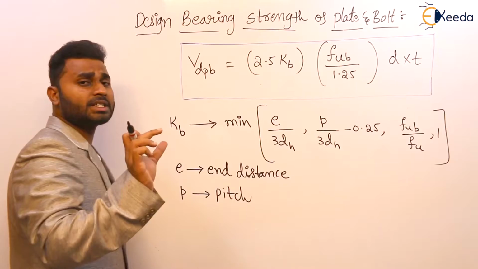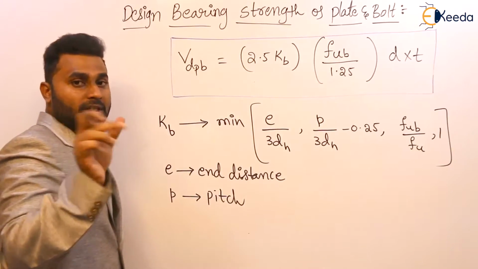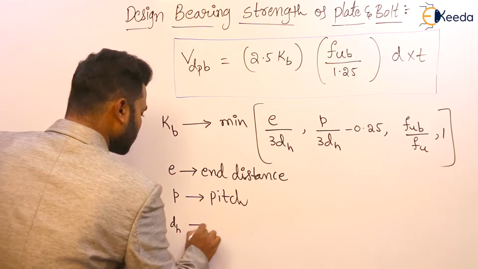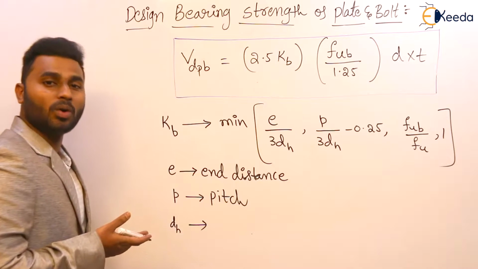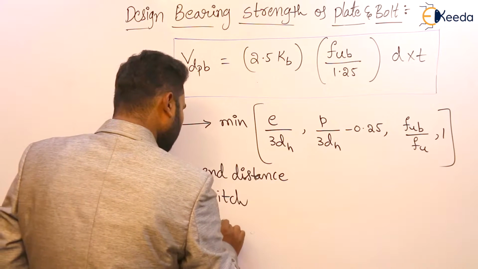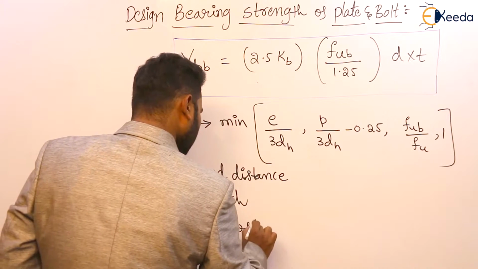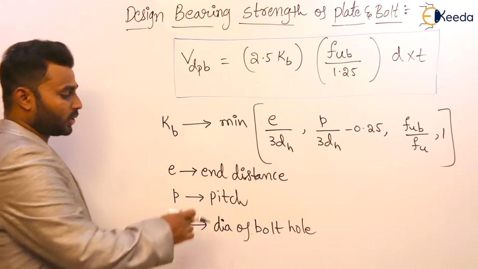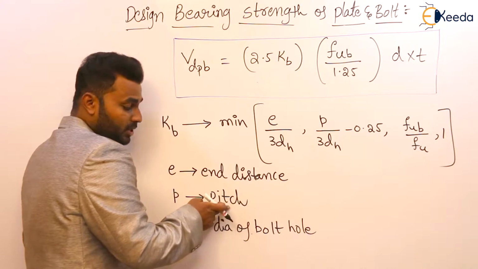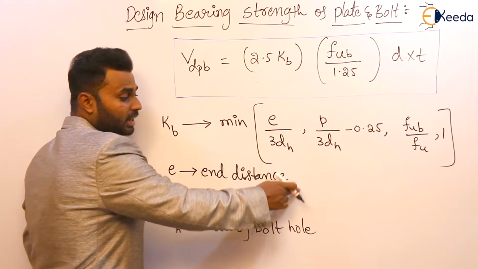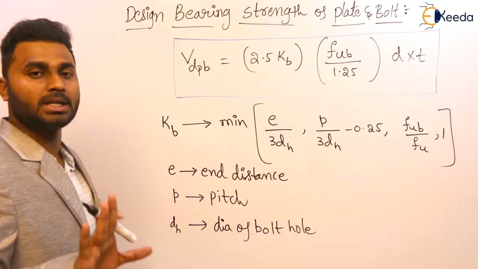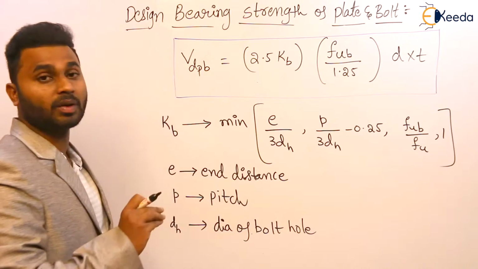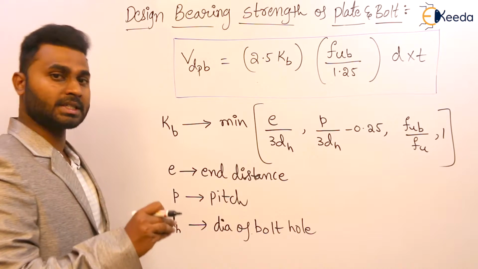It is the center to center distance between two bolts or rivets in the direction of force. And then dh. I guess you know what dh is: dh is the diameter of the bolt hole. Regarding all these three, the end distance, the pitch and the diameter of the bolt hole, we have discussed the provisions in detail.